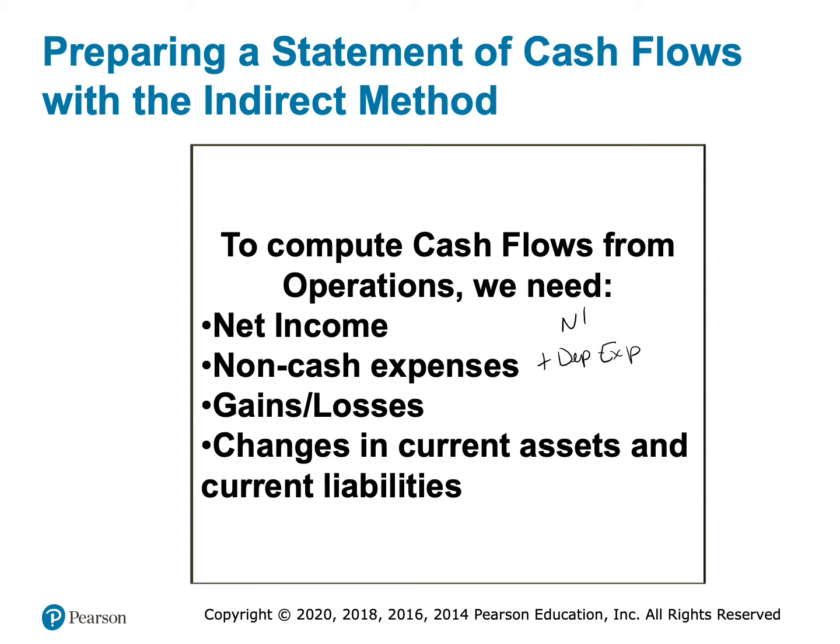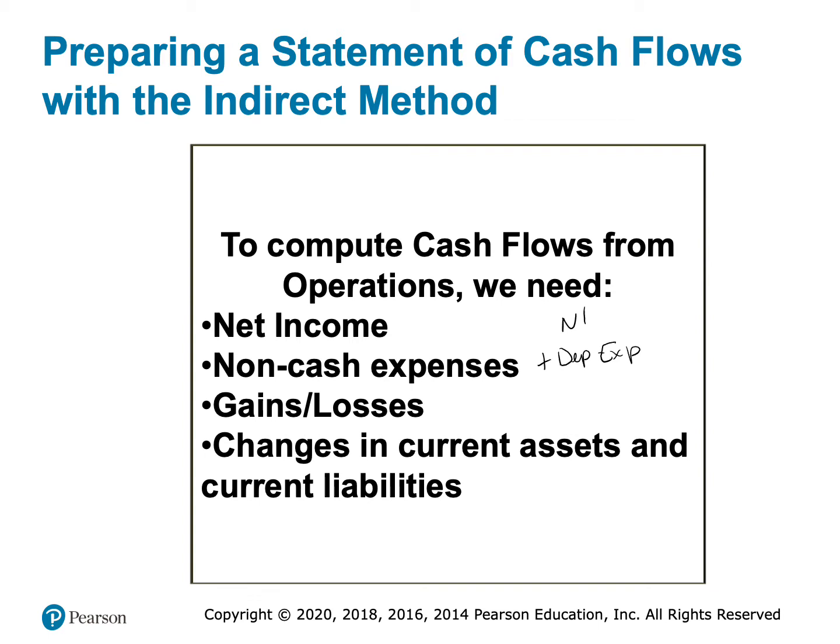The next thing we're going to look at is the gains and losses in the other revenue and gains, other expenses and losses section. Remember, the gains and losses have to do with selling long-term assets, plant assets. And we know that plant assets need to be taken care of in the investing section. So since the gain or loss shows up in the income statement, I have to deal with it here, but I want to essentially undo its effects because I'm going to deal with it in the investing section.